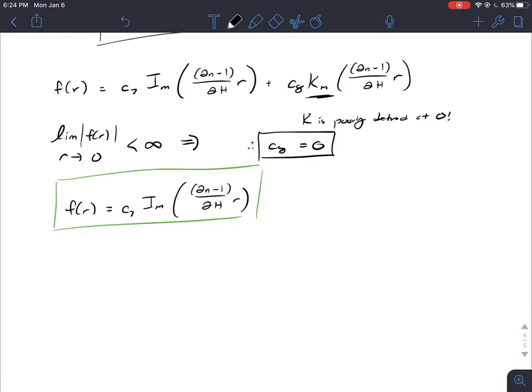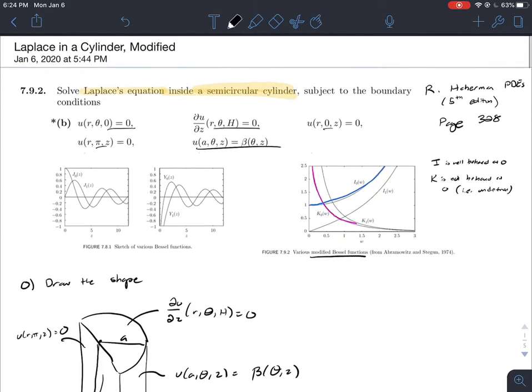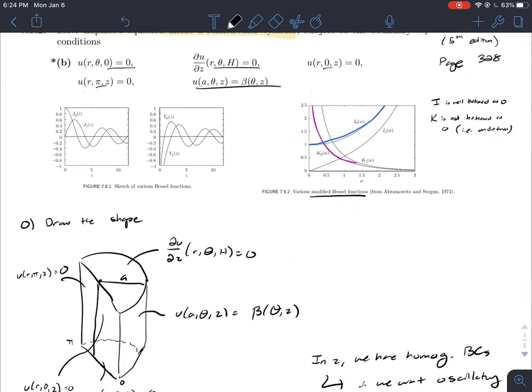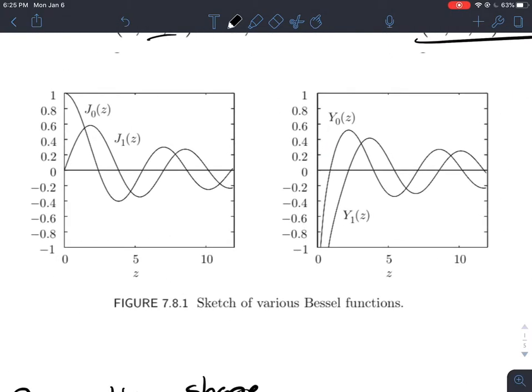So let's talk a little bit about the value for lambda now. Remember how I was telling you guys that lambda needed to be equal to a negative number? So in a normal cylinder problem, when we say that lambda is a positive number, that implies that the values of lambda correspond to the zeros of the J function, for example.